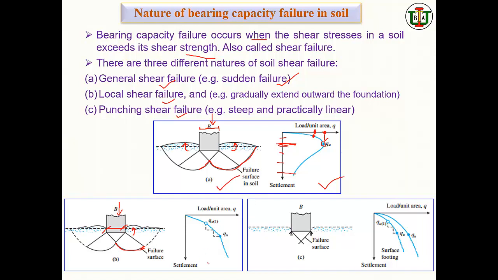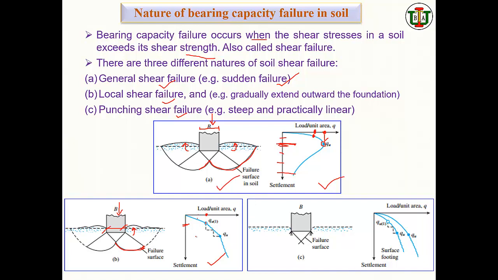So now you can look into the load versus settlement curve. Here you can see it has a gradual increment. When the load increases, settlement increases, and after this point you have one qu and one settlement, right?